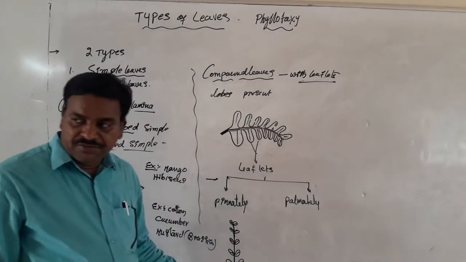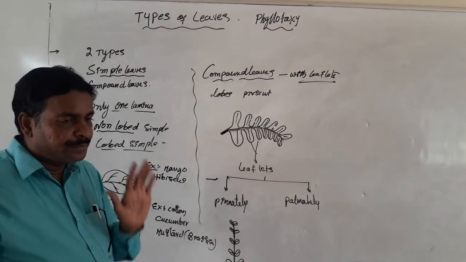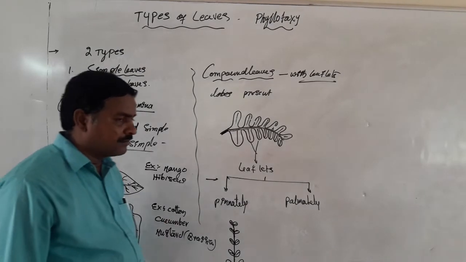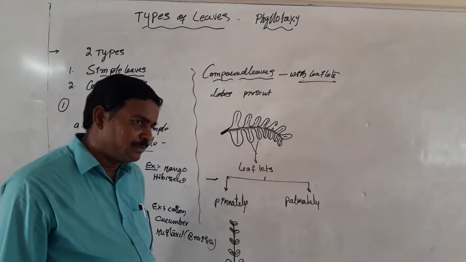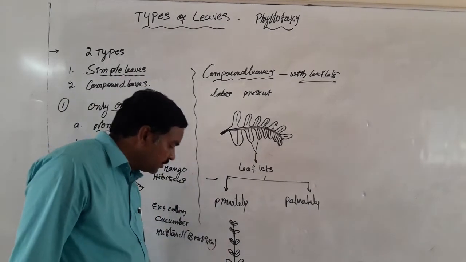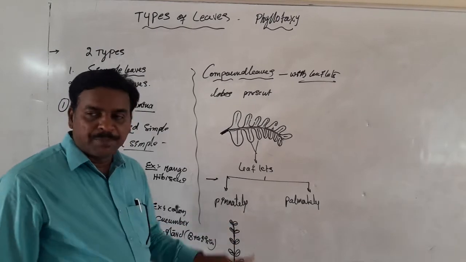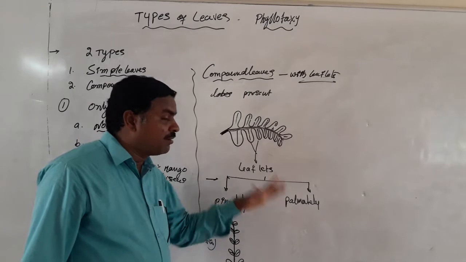This arrangement of leaflets gives an appearance of the pinna of a bird, the feather of a bird. So this is called pinnately compound leaf.